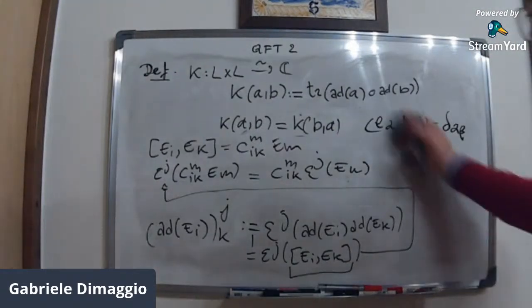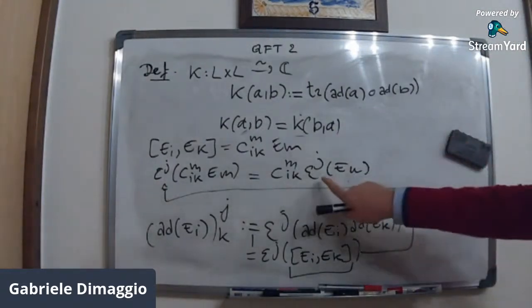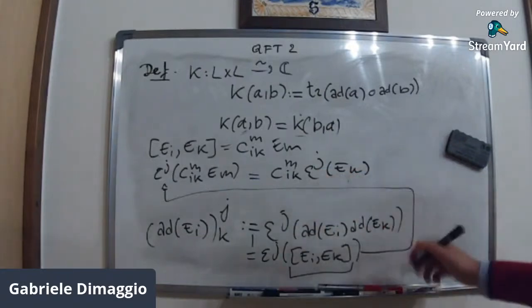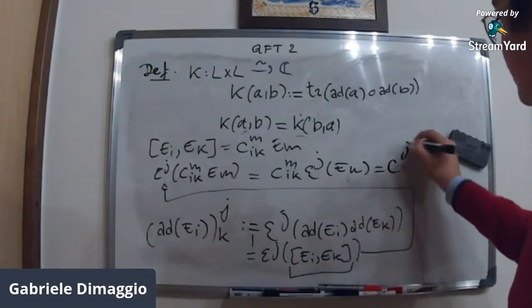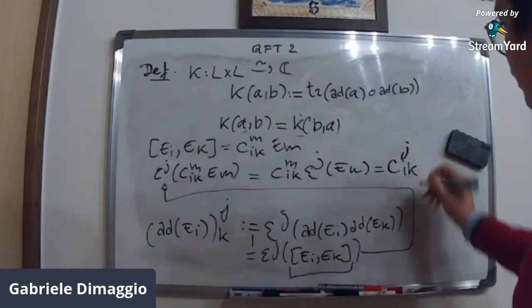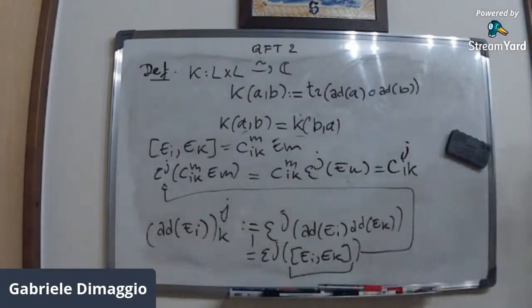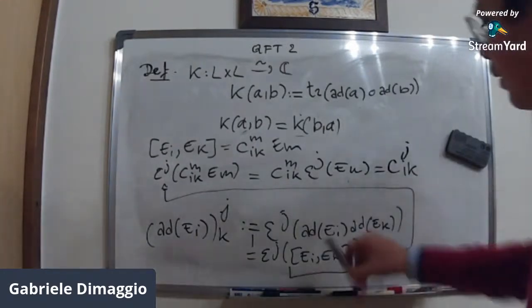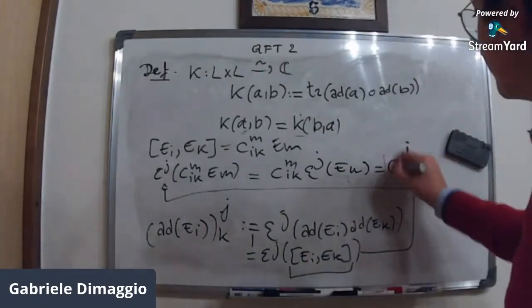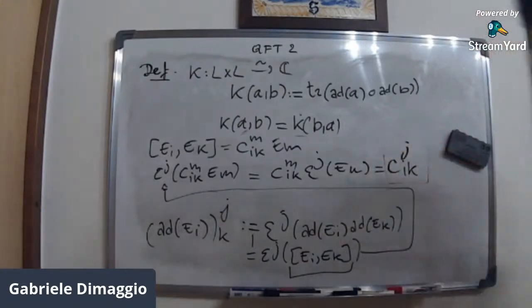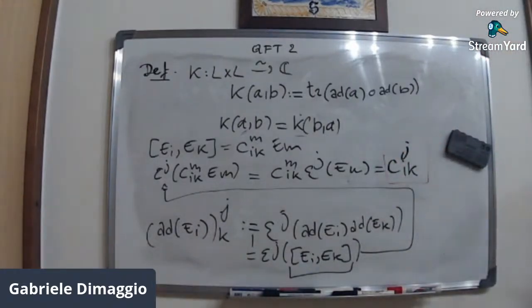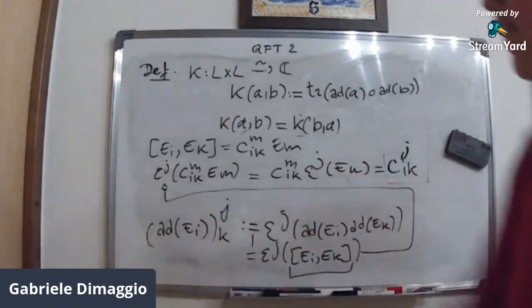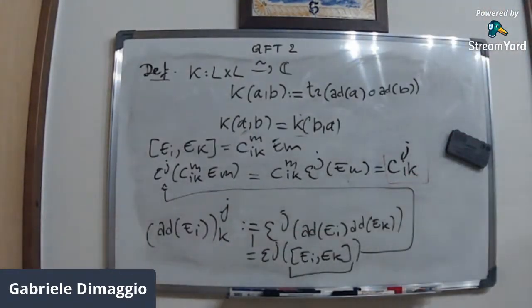And so in this case, I have a delta between these two indexes, and so I have c^j_ik. So this is what the components of the adjoint map are: the structural constants. Okay, perfect.